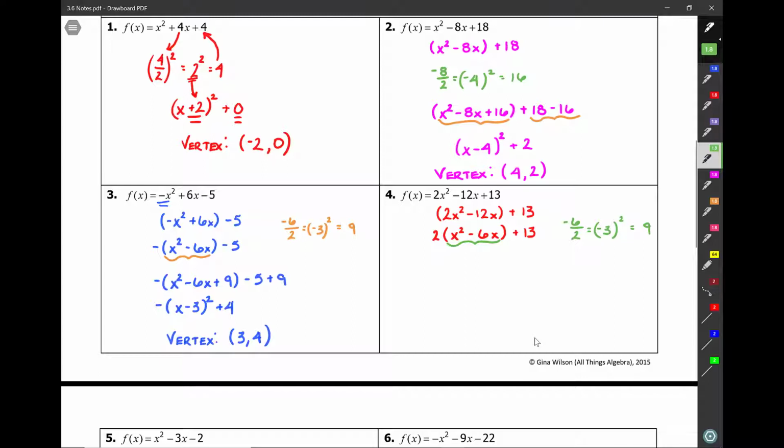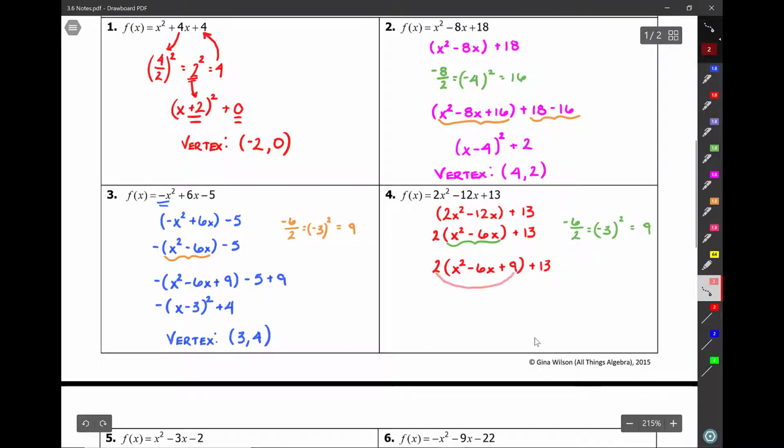So when I do that, I end up with 2(x squared minus 6x plus 9), and then I have the plus 13 here. So just like in the last example, before I just go ahead and add 9 to this, we have to keep in mind this 2 outside the parentheses will distribute to that 9, making that a positive 18.